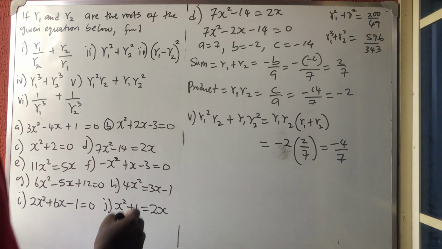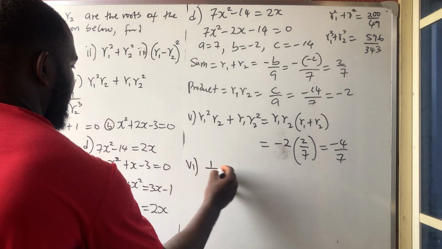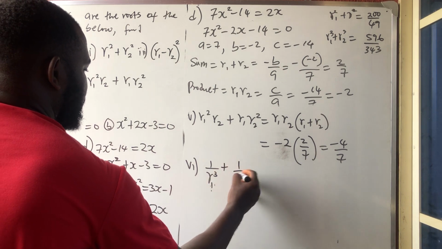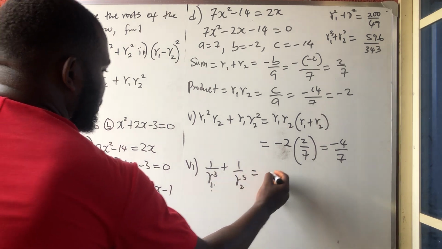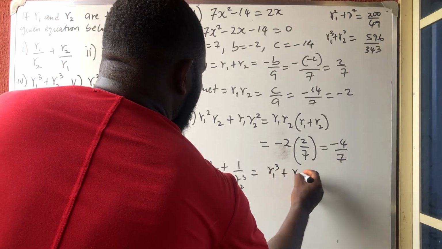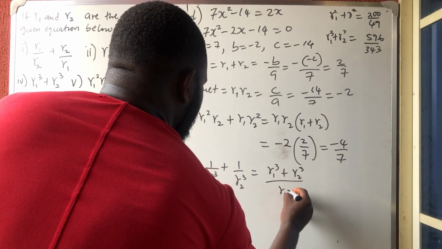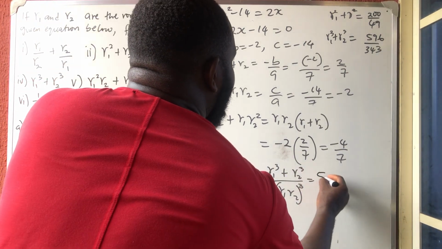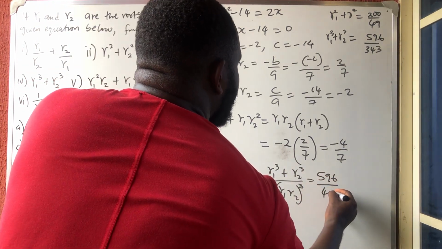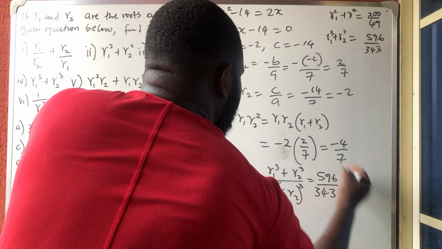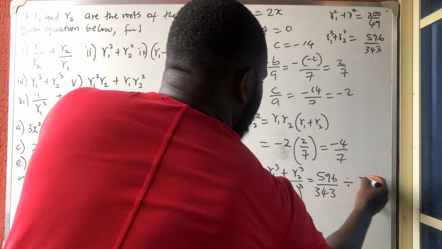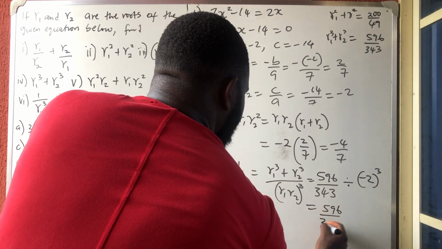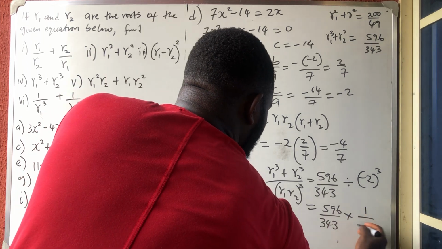As simple as that. So the last one, vi, said 1 over r1 cubed plus 1 over r2 cubed, which is r1 cubed plus r2 cubed all over r1 r2 all cubed. So this one at the numerator gave me 596 over 343 divided by r1 r2, which gave me minus 2, all cubed. So the answer will now be 596 over 343 times 1 over minus 8.